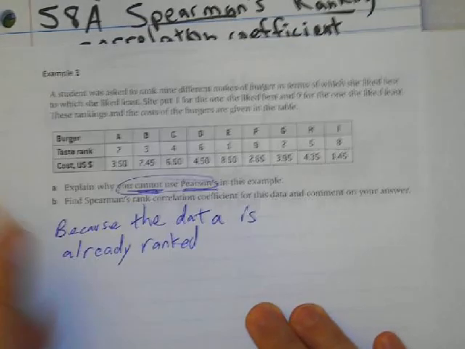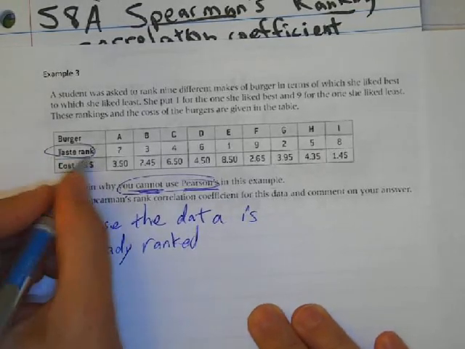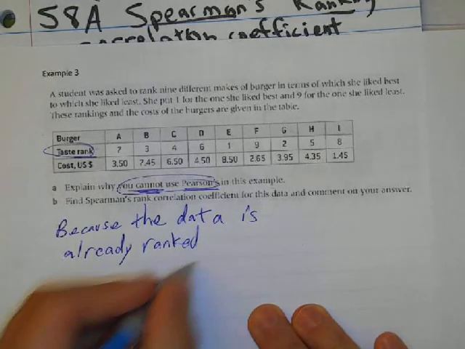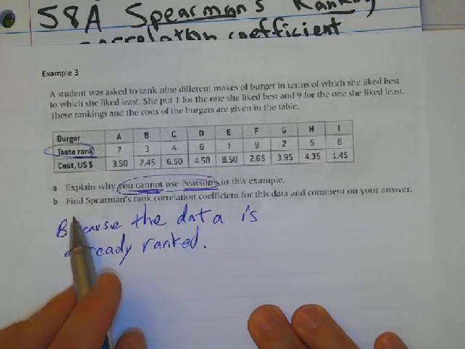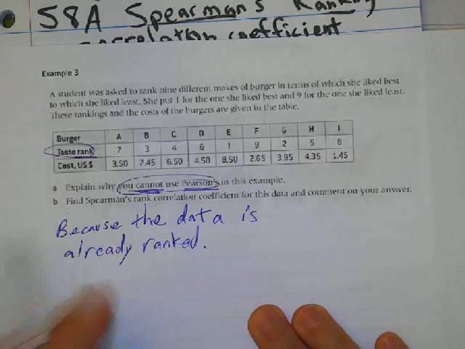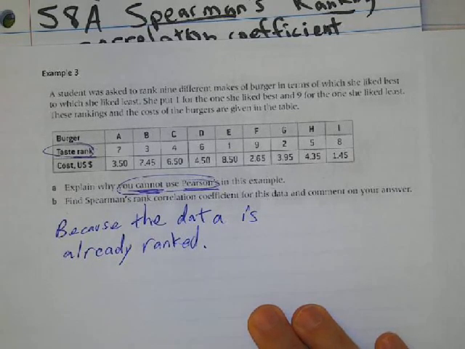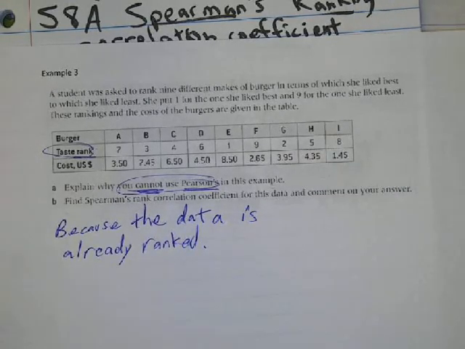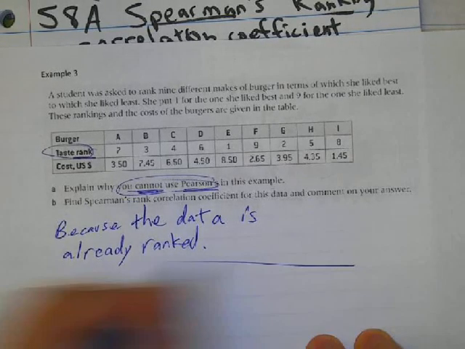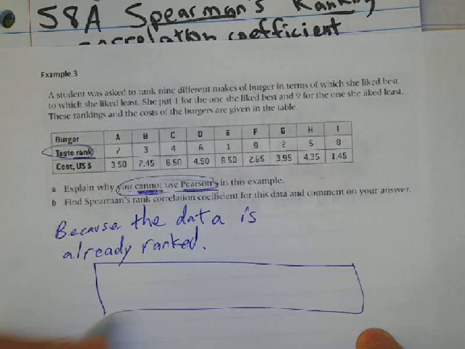If you look here, they've told you the rank of the data. Okay, so we can't find the Pearson correlation coefficient. So here's another example. If you want to put this in your notes, you can, but those first two examples should be enough. If you just do the first two examples in your notes, that's good enough for me. But for those who want this one in your notes, let's do it.